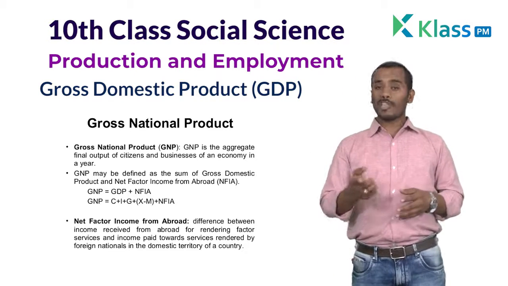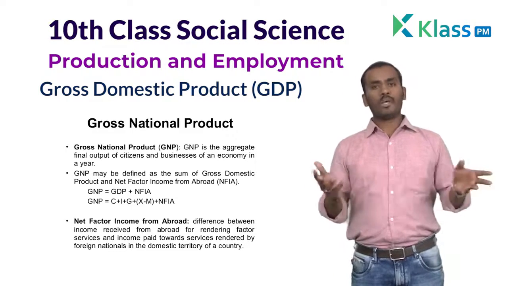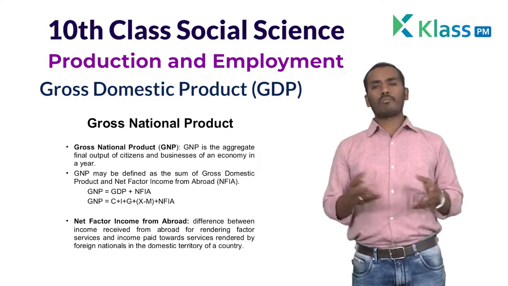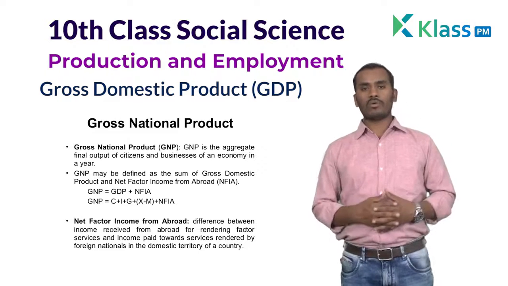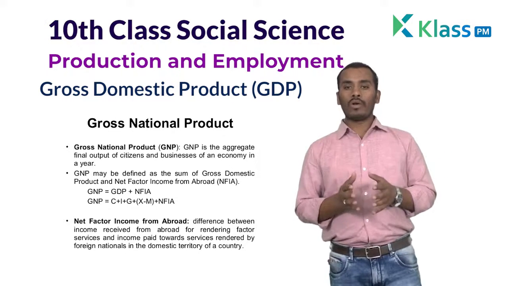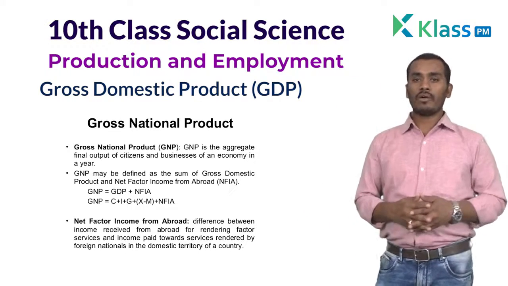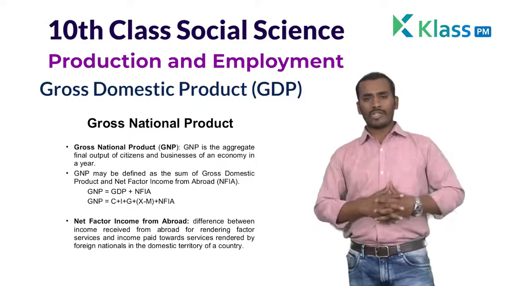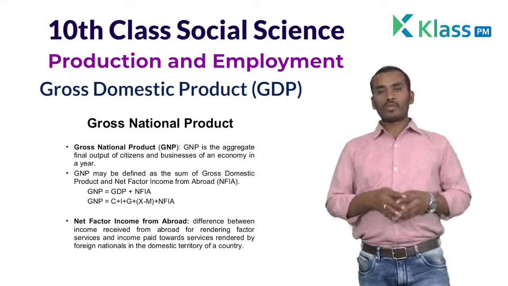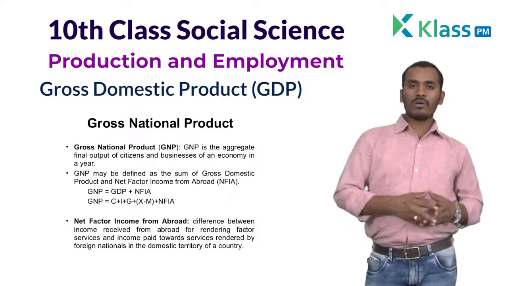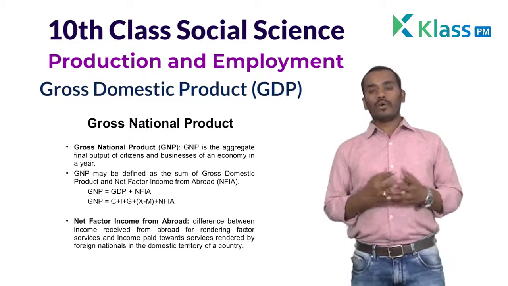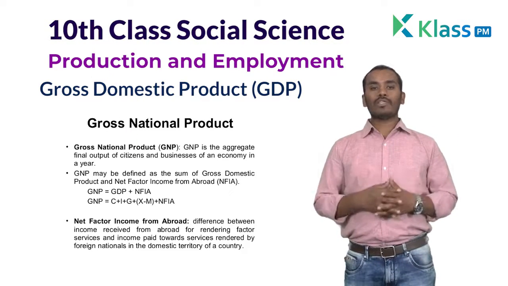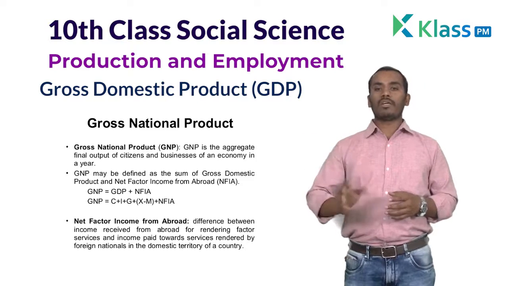Domestic product means within the country, because many Indian industries are established or producing some products abroad in other countries also. So we consider only the products which are manufactured inside the country, maybe in different states or union territories within a year. So the value of final goods of all the three sectors produced within the country in a year is considered as the GDP of our country.